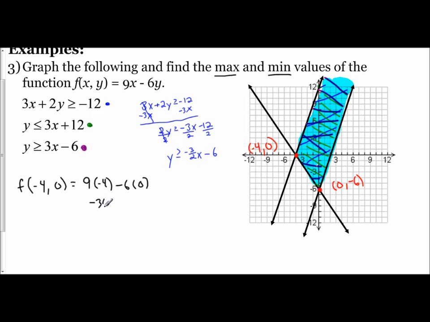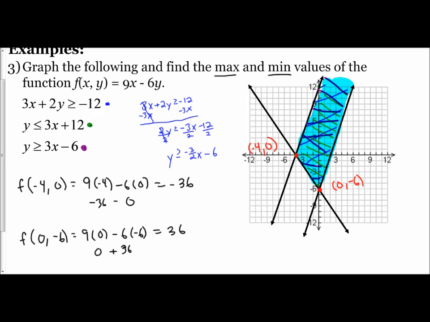So you get -36 minus 0, which is -36. And then your function at the coordinate 0, -6, is 9 times 0, minus 6 times -6, and -6 times -6 is a positive 36. And so 0 plus 36 is 36.